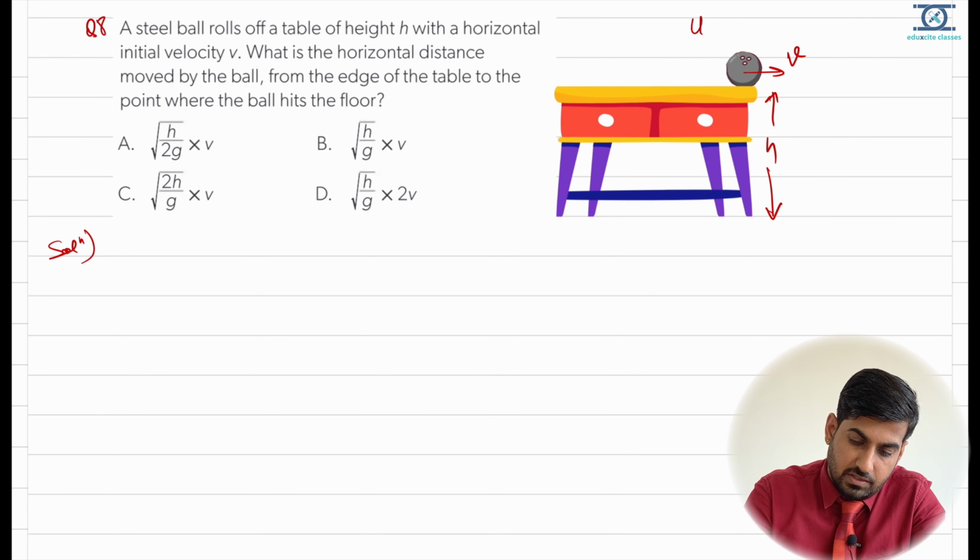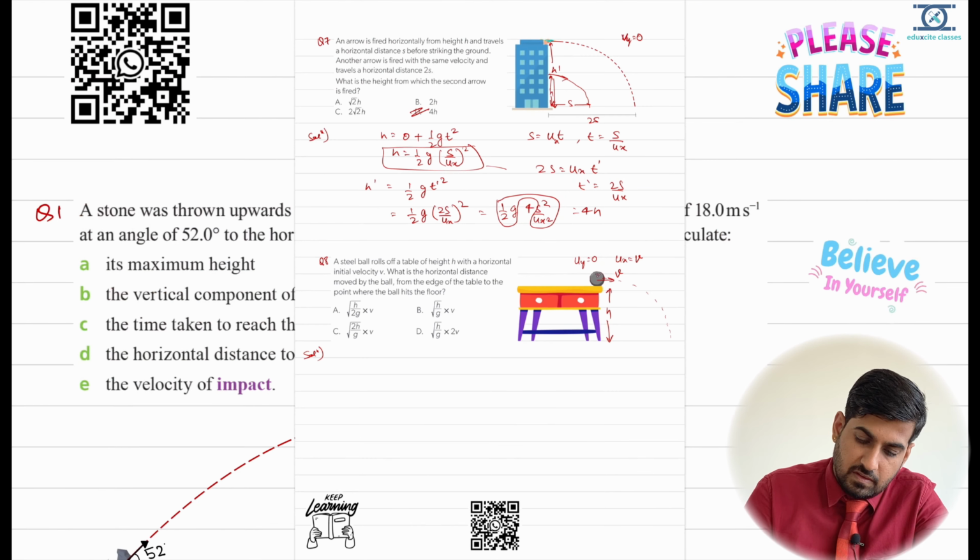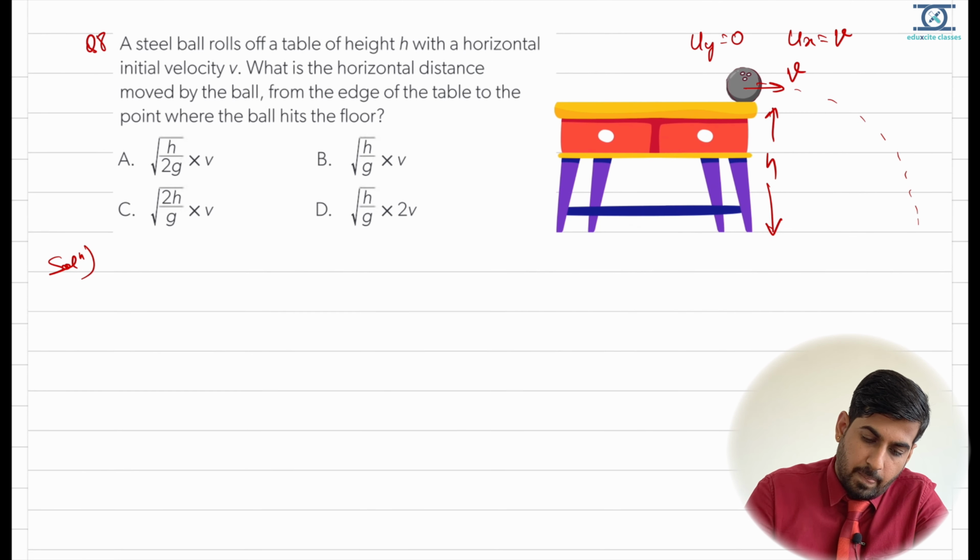So I can say the uy component is 0, ux is v. What is the horizontal distance moved by the ball? So it will move somewhat like this, right? So from the edge of the table, find where the ball hits. So we have to find this in terms of h, g and v.